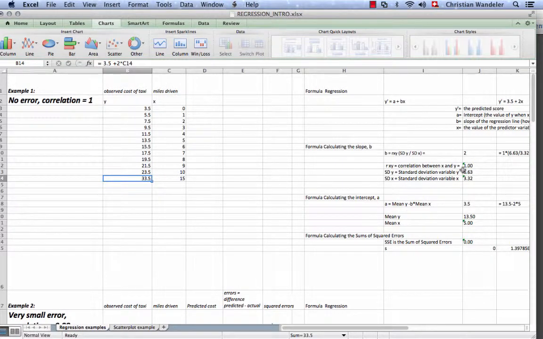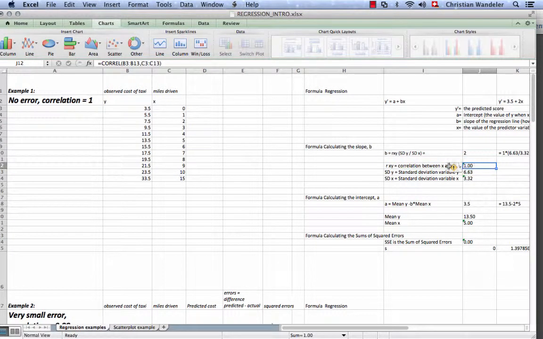Now, we're going to take an approach where we use this formula to calculate the slope, where the beta equals the correlation Rxy, so the correlation between x and y, times the standard deviation of y divided by the standard deviation of x. In this example, it equals 2. So how did I get the correlation?